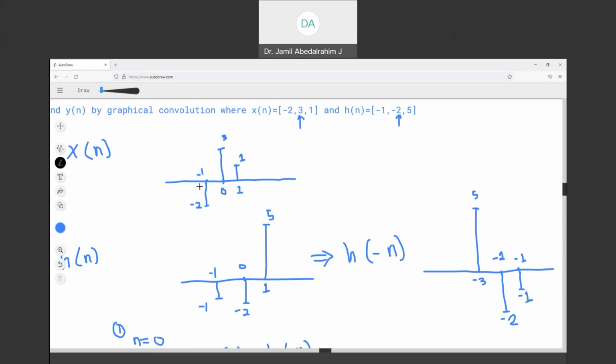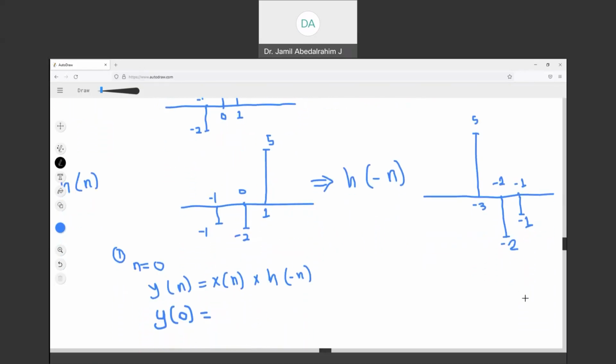At negative 1, we have a signal here, and here also at negative 1, we have a signal. So the shared location, or similar location, is only at negative 1. Here the value is minus 2, and here the value is minus 1. So we multiply them.